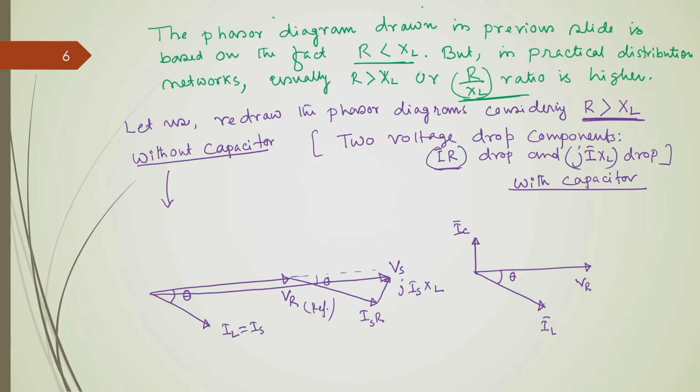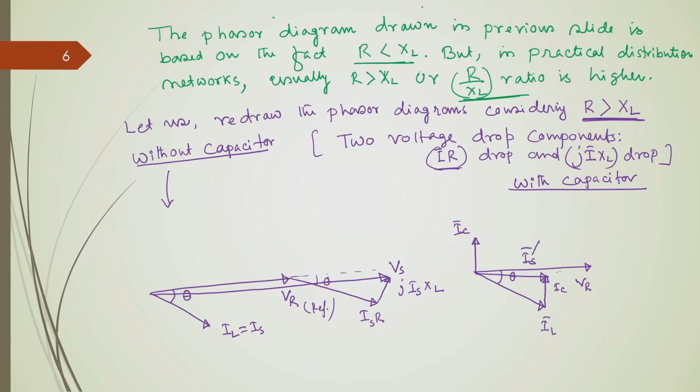Okay. And the net current will be the resultant of this IC and IL. So, let us draw this IC over here and this will be the IS dash. Okay.